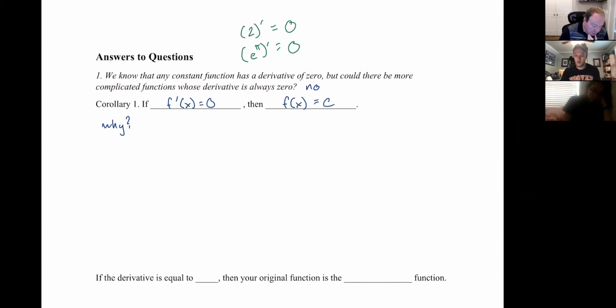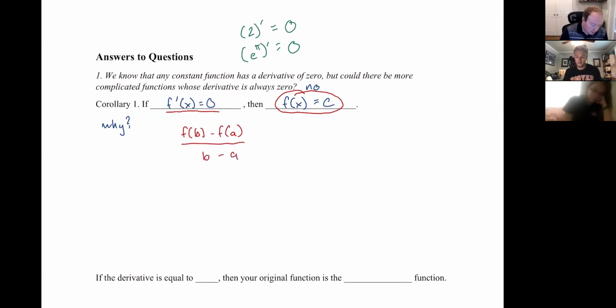Well, let's consider this as our function that we want to look at. And let's just say the derivative is going to be 0. So f of b minus f of a divided by b minus a will be equal to 0. Why? Because we're saying the derivative is equal to 0.